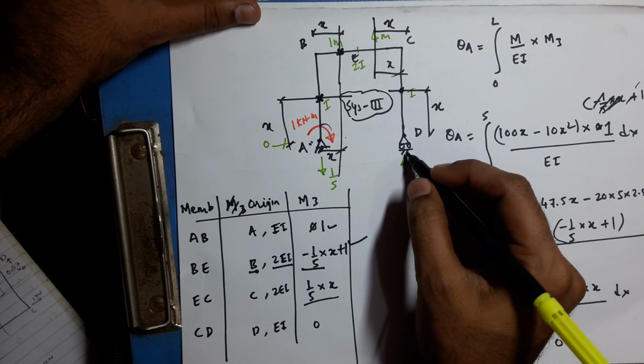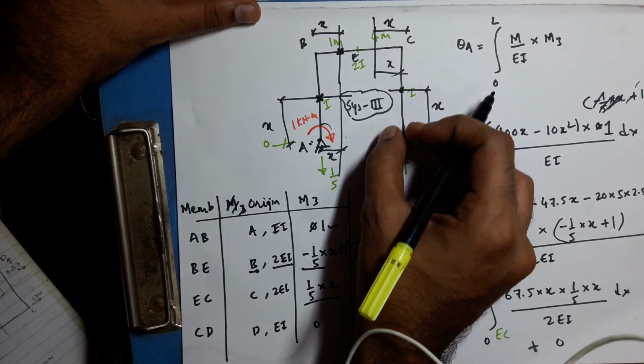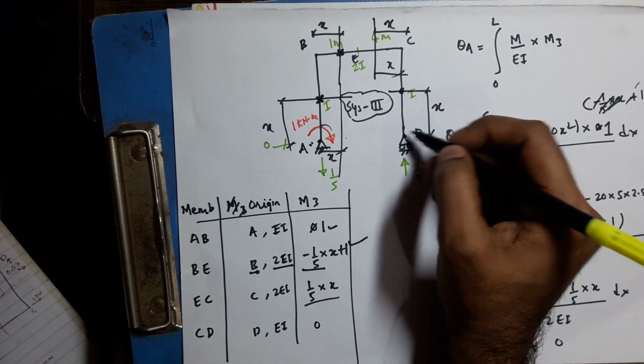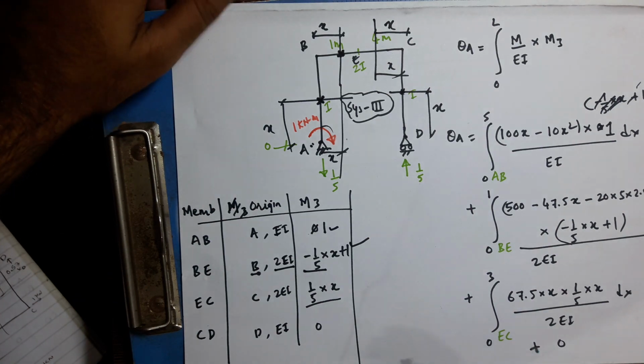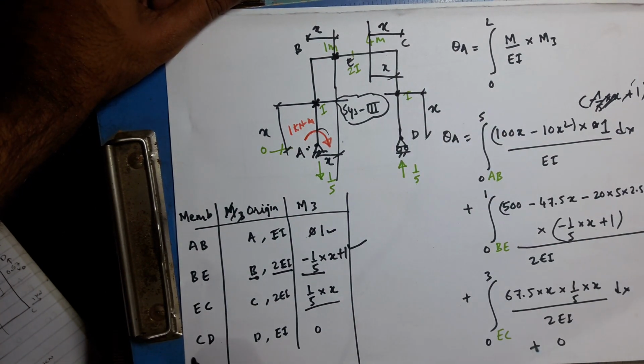Only this force is there, which does not have any perpendicular distance with respect to this point. There is no perpendicular force, hence the moment is 0 at this point. Now you can solve.